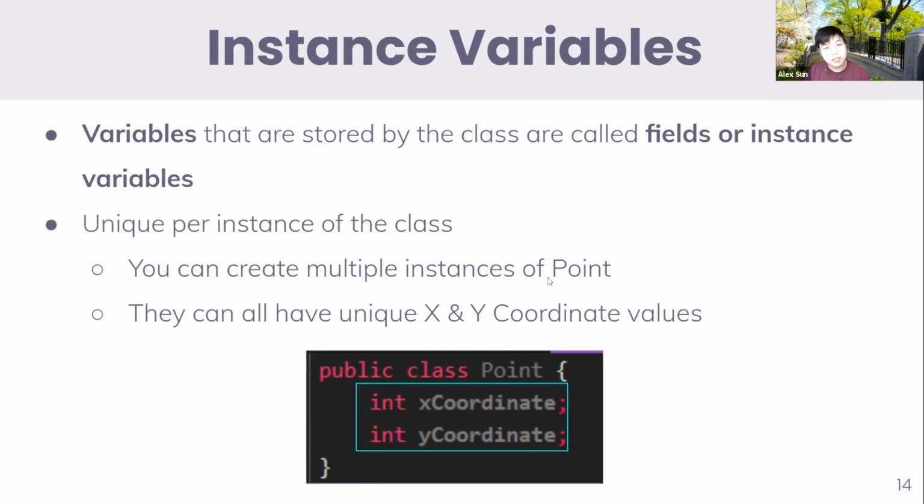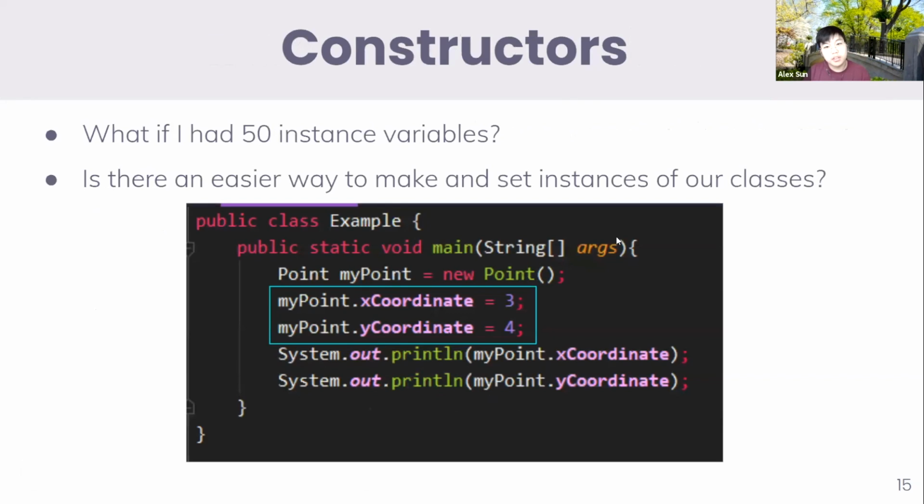More fancy words. All right. So now the question is, what if we weren't just storing a point? What if we were doing something that had like 50 different instance variables? Or maybe not 50, but a lot, right? For example, what if a coordinate point stored more than that?